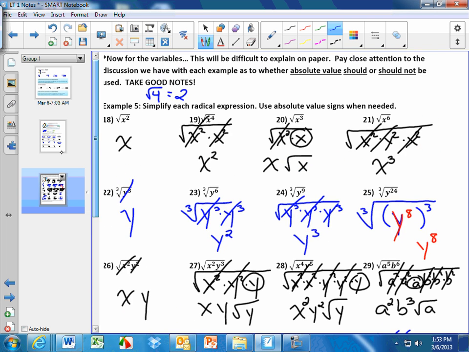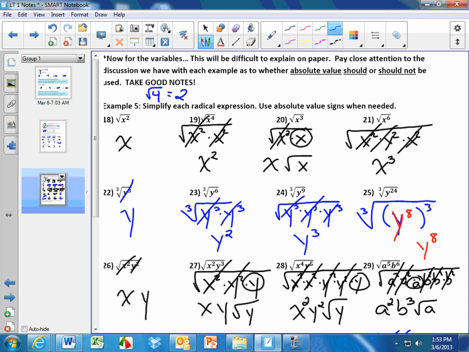The good news, the first thing is, the reason we need absolute values is for principal roots. We need to make sure that we write down a positive answer for every even index, which is good news because we don't have to worry about absolute values for odd indices. So anything that's in blue on the screen, those were odd roots.